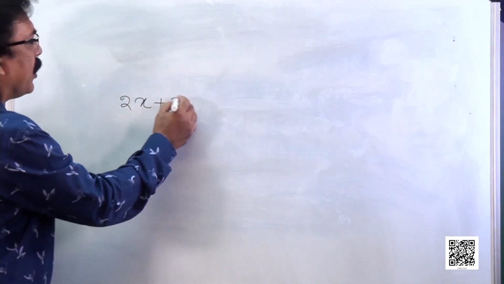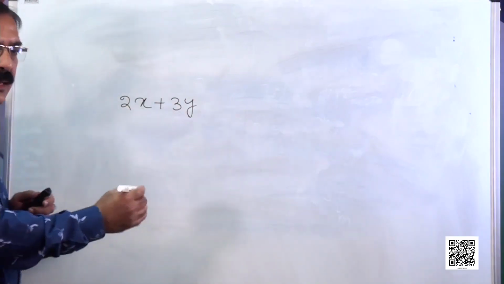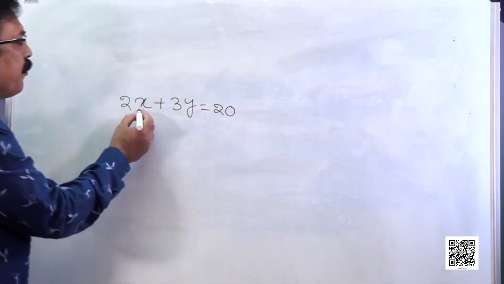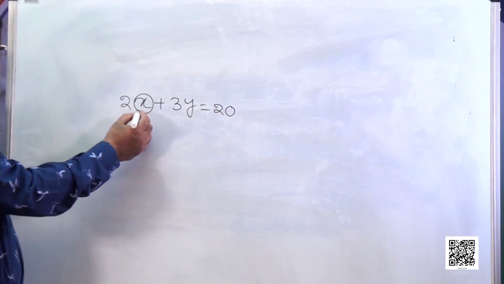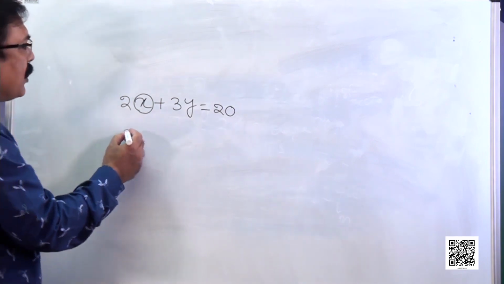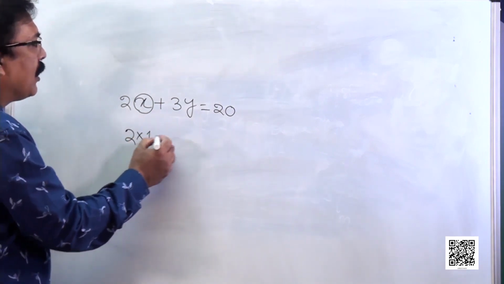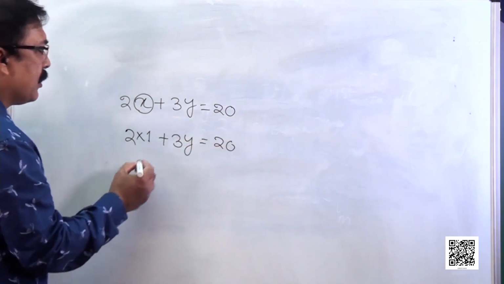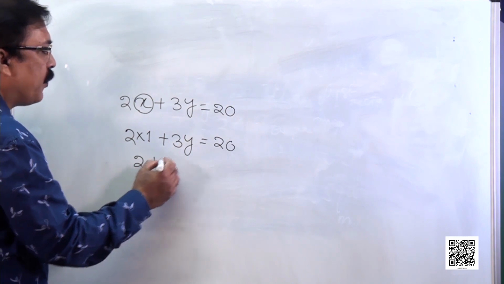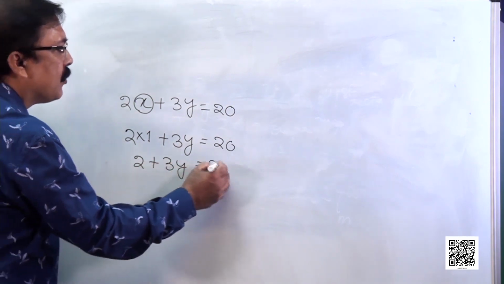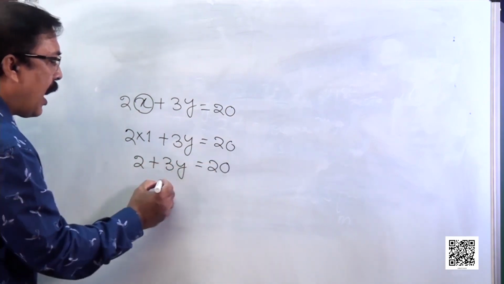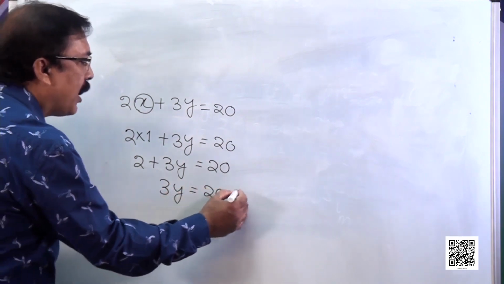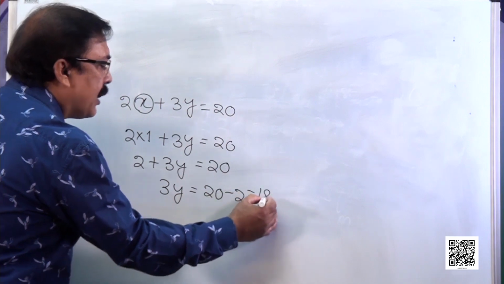2x plus 3y is equal to 20. If we put the value of x as 1, what do we get? 2 into 1 plus 3y is equal to 20. This gives 2 plus 3y is equal to 20. Now, 3y is equal to 20 minus 2, that is 18.